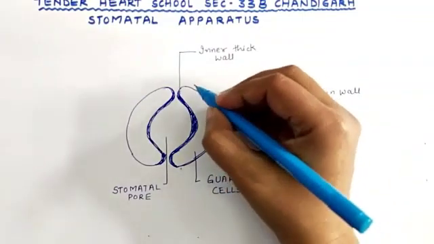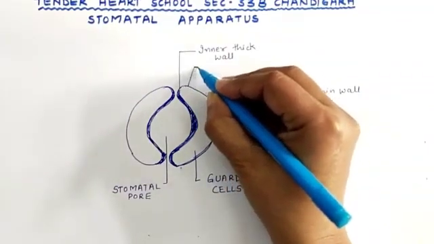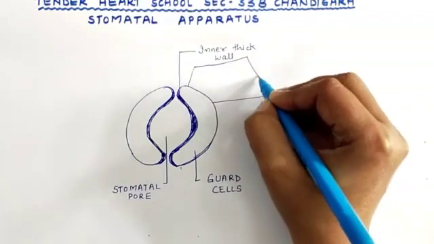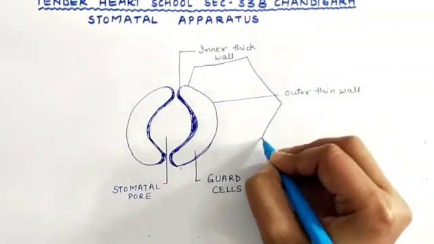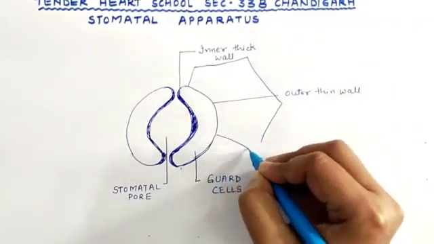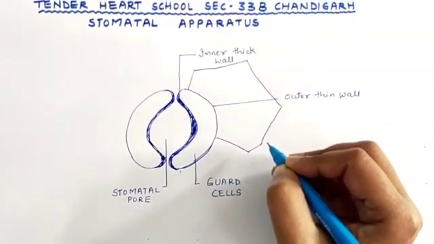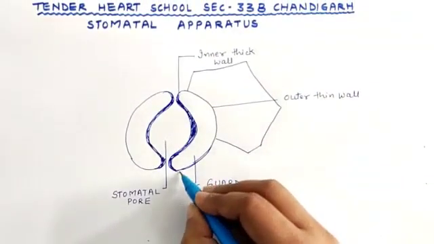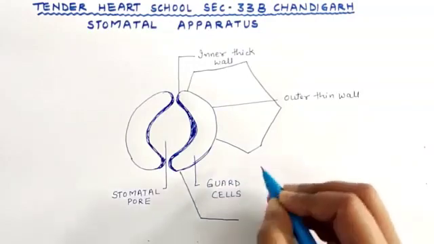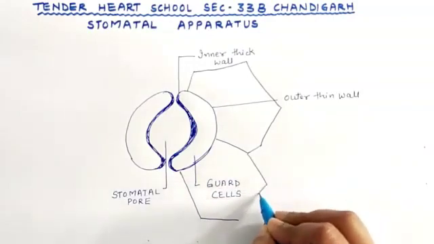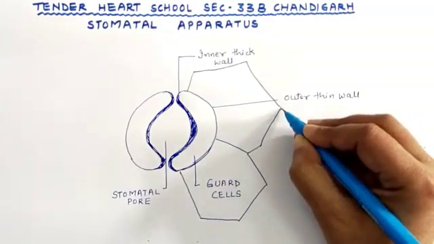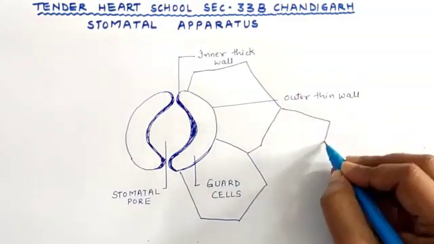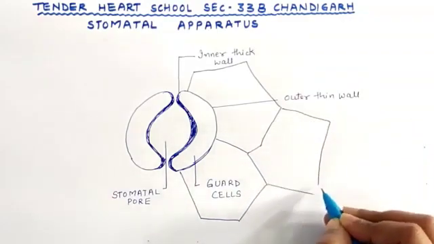Now guard cells are surrounded by epidermal cells. So we will make different epidermal cells which are surrounding the guard cells. All over the guard cells you can show these kinds of plant cells which are forming the epidermis.